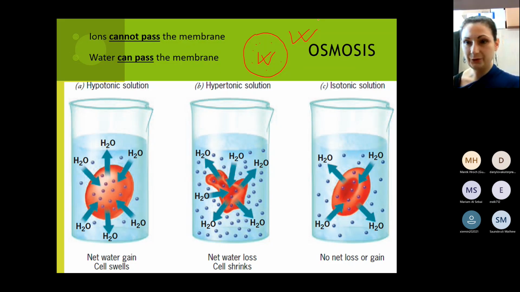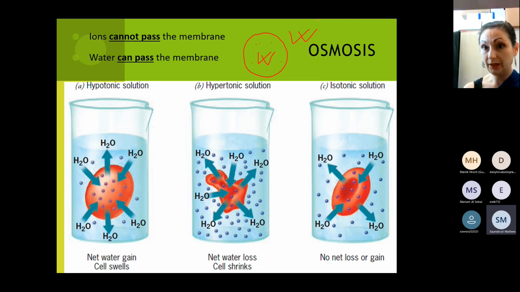And Sunny, are you there? Yes, I'm here. Okay, third question for Sunny. What happens if I have a cell which has some defined concentration of salts inside, and I immerse this cell into a solution which has exactly the same concentration of salts?